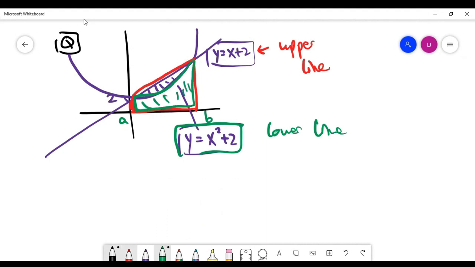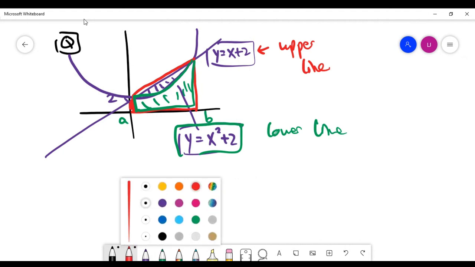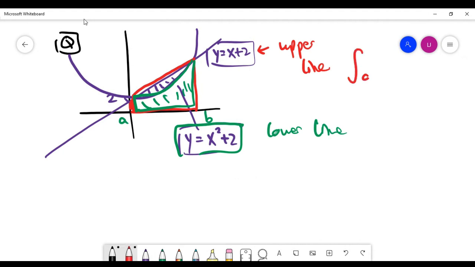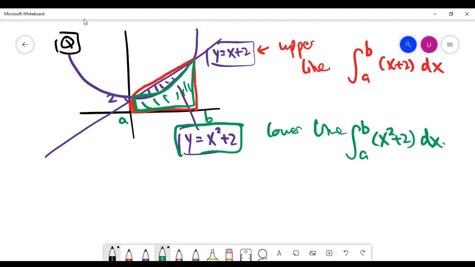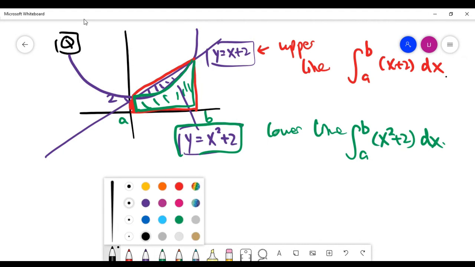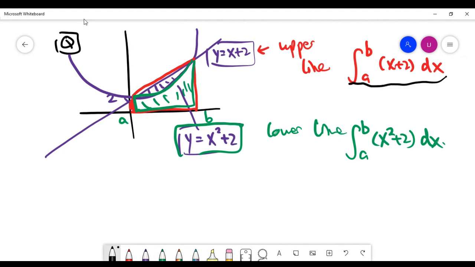Basically, I'm saying the following. For the red part, the integral is going to be from A to B for the function x plus 2, which is the upper function. And for the lower function, it's going to be the integration from A to B for the function x squared plus 2, right? The red part is the bigger part, the green part is the smaller part.